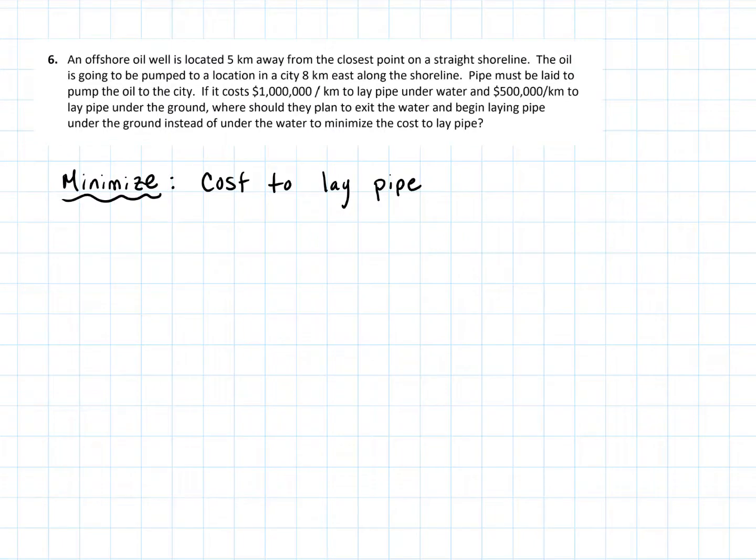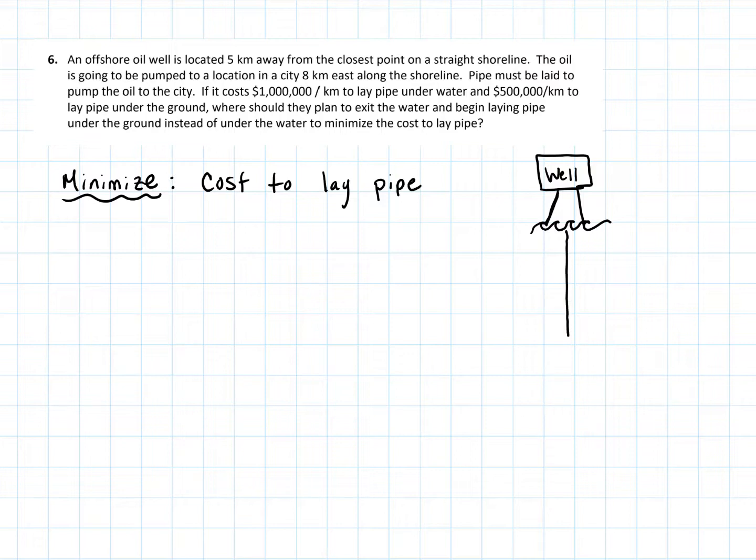So we've got some offshore well. Here's our offshore well. And it obviously gets drilled down into the water. So we've got some offshore well out in the water, and this is obviously water, and from that point to a straight shore, it says it's 5 kilometers away from the closest point on a straight shore.